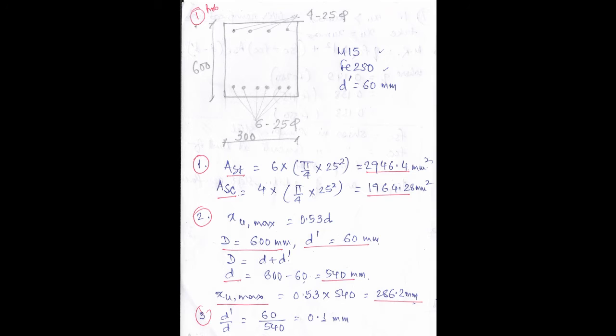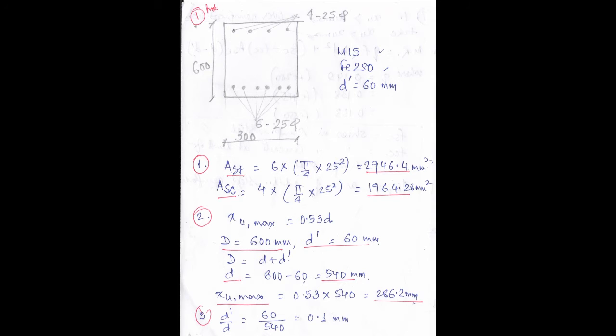It is reinforced with 6 bars of 25 millimeter diameter in the tensile zone, so we have drawn the 6 bars, and in the compression zone there are 4 bars of 25 millimeter diameter, which we have also shown in the diagram. We have to use M15 concrete and Fe250 steel, correct? And the cover is given as 60 millimeter.